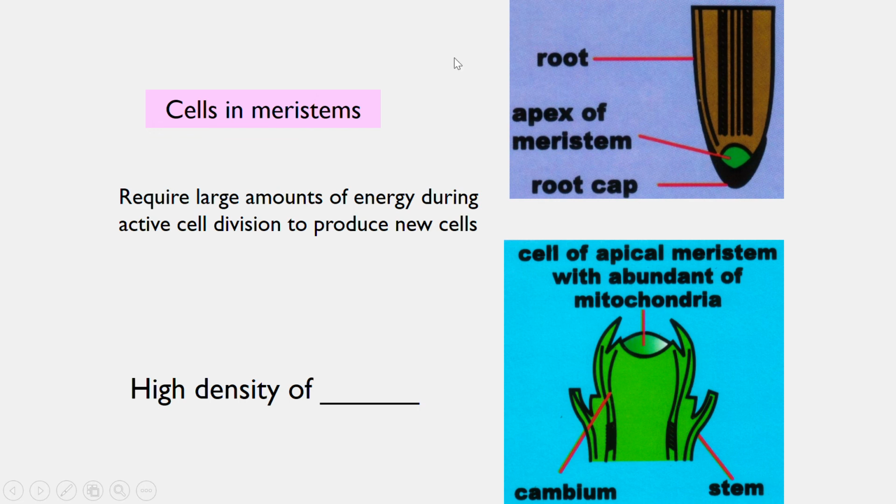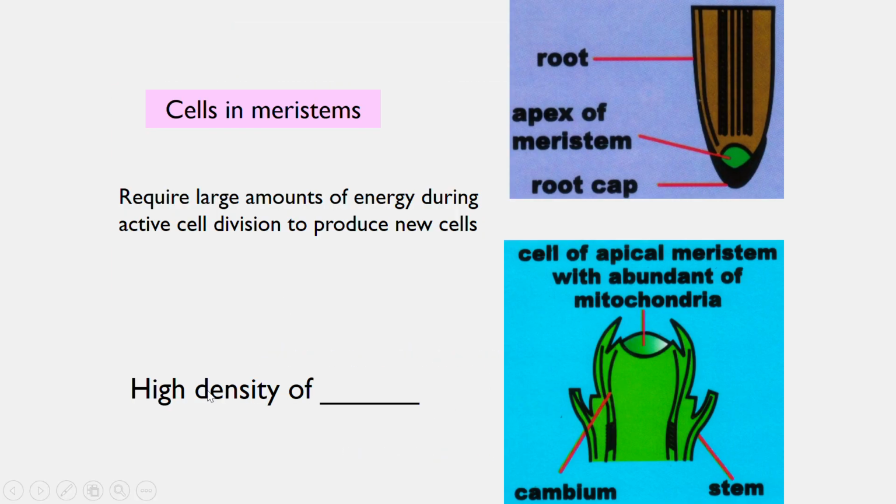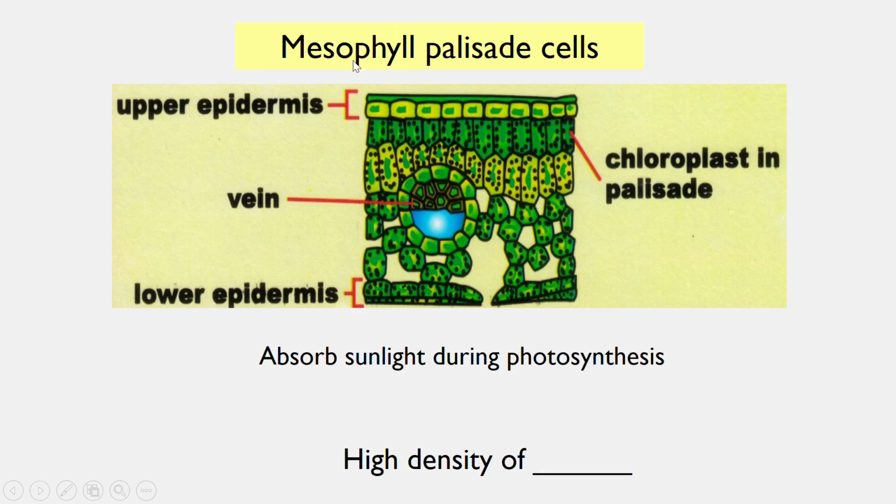Okay, in the meristems, at the root tip, because they are actively dividing, at the shoot tip, actively dividing, therefore a lot of mitochondria is needed to generate a lot of energy. Kalau mesophyll palisade cells, this is the kedudukan just now, the location.